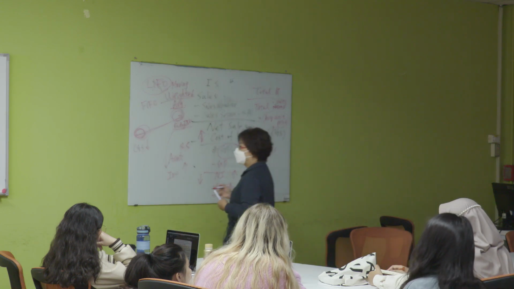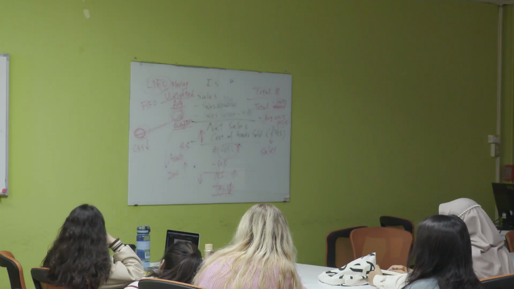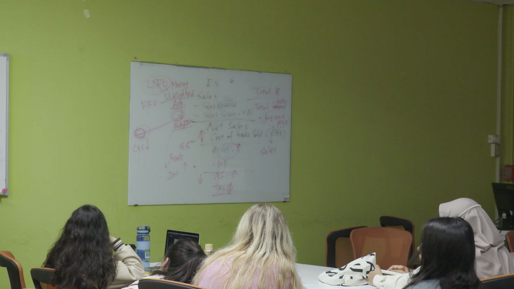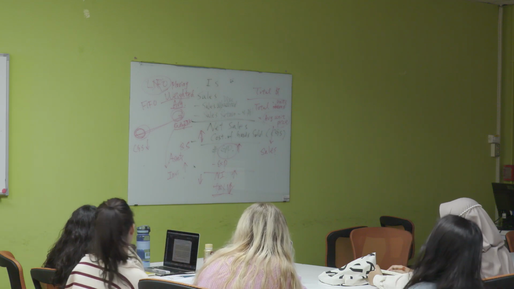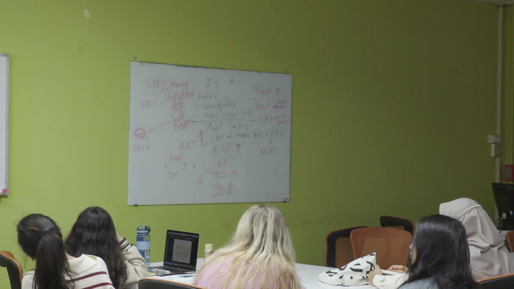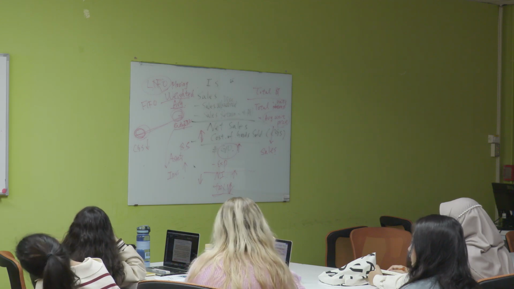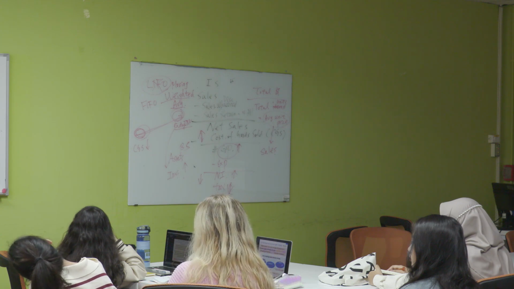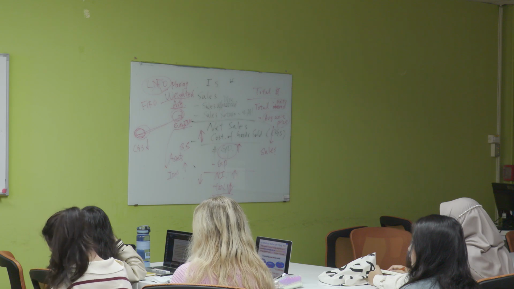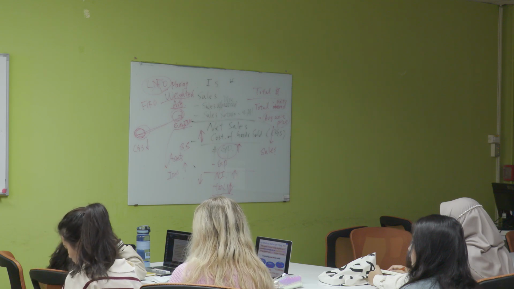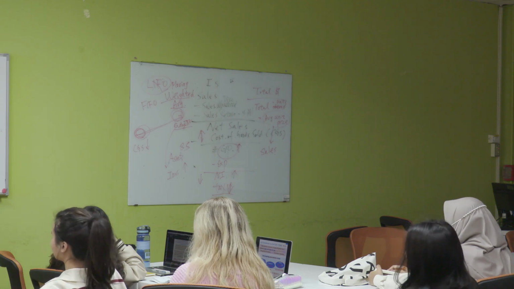Let me write it down. We are always talking about the perpetual inventory system. When you are doing the purchasing, you debit inventory or purchase, and credit AP. And whenever there's a sale, you need to do two entries.